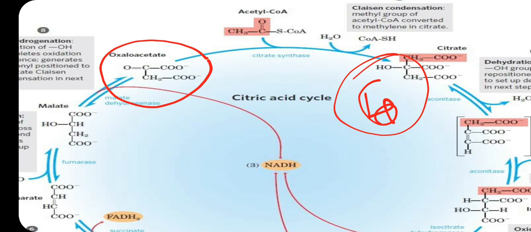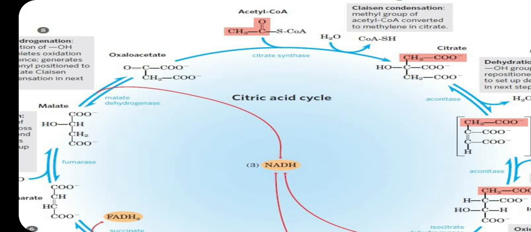Now, the highlighted one shows the acetyl coenzyme A that is added here. The acetyl group of it is here. Now, this will form citric acid in an intermediate reaction. That means this carbon and this carbon are the carbons that were present in the glucose.